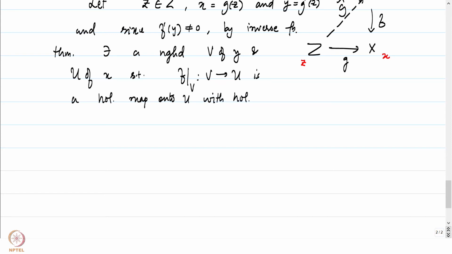Let's call that inverse phi. So phi is now from U to V.